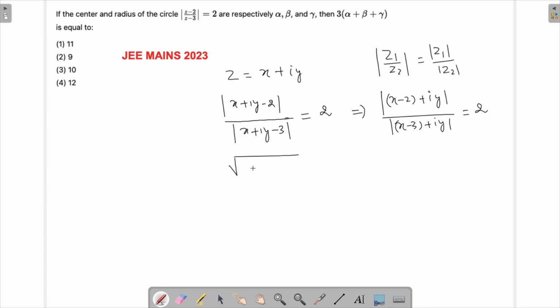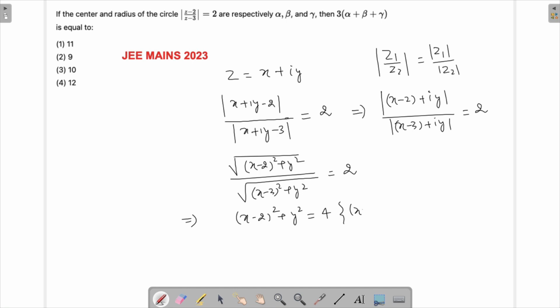Now I can say that this is nothing but square root of ((x minus 2) whole squared plus y square) upon ((x minus 3) whole squared plus y square), and that is equal to 2. So we will square it and then cross multiply. So this will become (x minus 2) whole squared plus y square, and this will become 4 because I've squared it, into (x minus 3) whole squared plus y square.